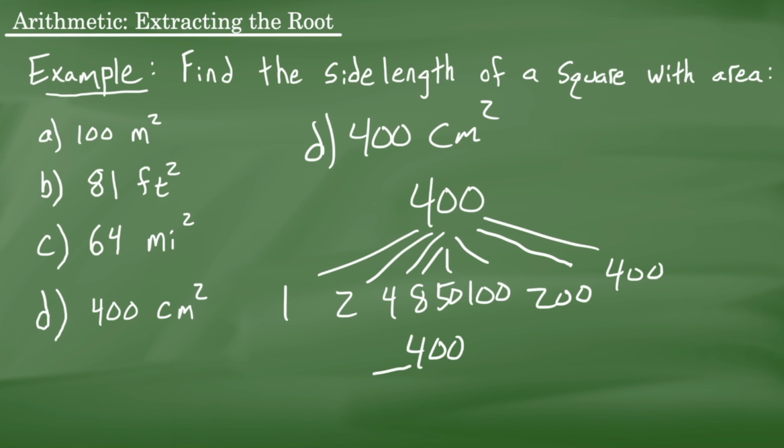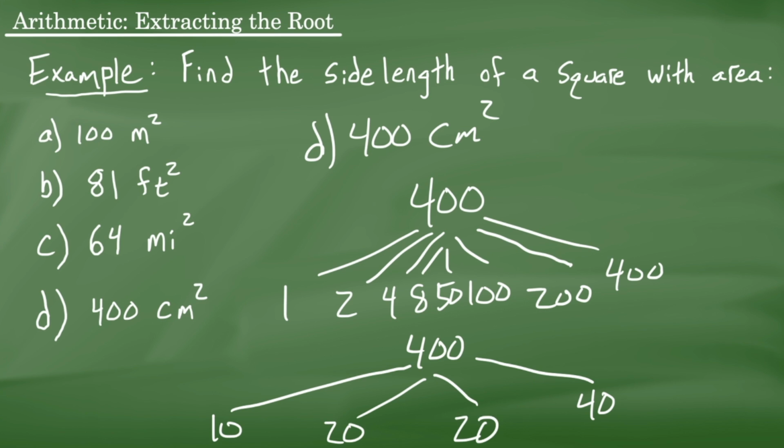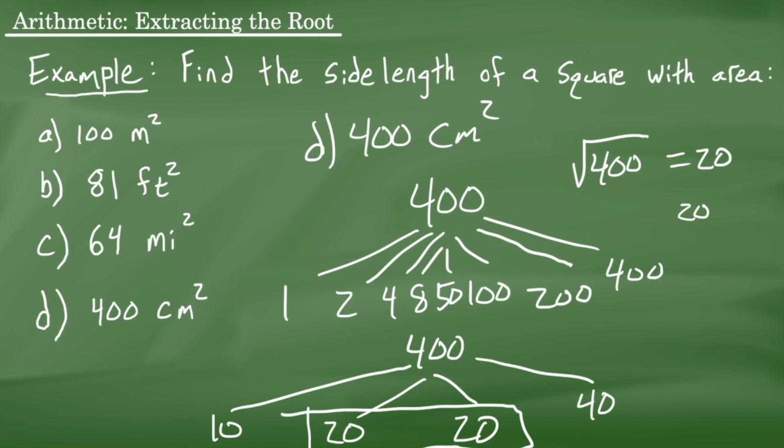Expand. Go up by 2 again, and we'd have 10. And we'd have 40. And then finally, we'd have 20 and 20. So the square root of 400 is 20. So that's 20 centimeters.